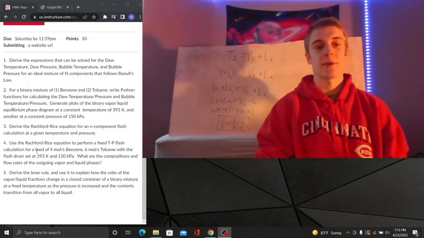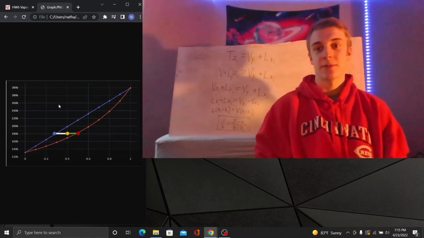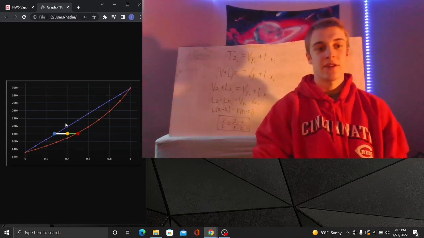Now I'm going to talk about what would happen if we were to increase the pressure in this situation. So if we were to increase the pressure, that would mean that this yellow dot would be moving up.